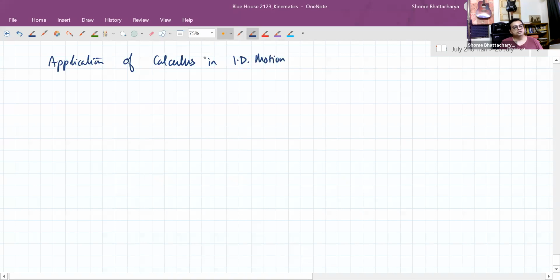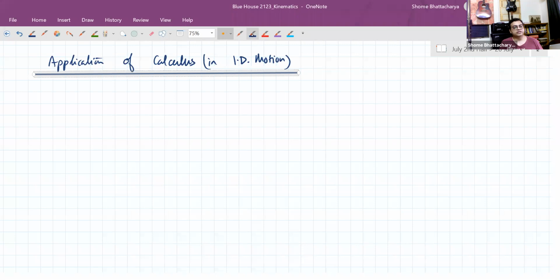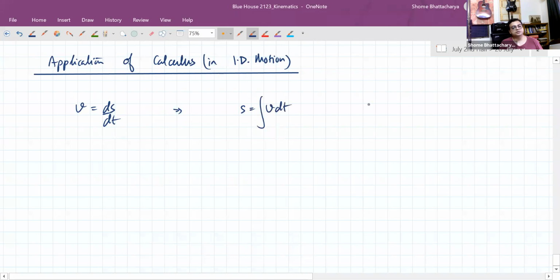So next couple of lectures for now, we'll be concentrating on 1D motion before we come back to the general 2 or 3D type of motion. Okay. So instantaneous velocity is rate of change of displacement with respect to time. It means that displacement is integration of velocity with respect to time.